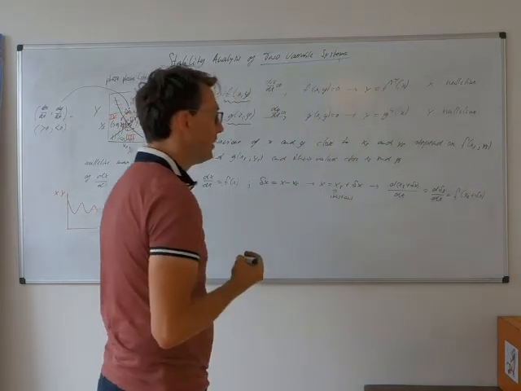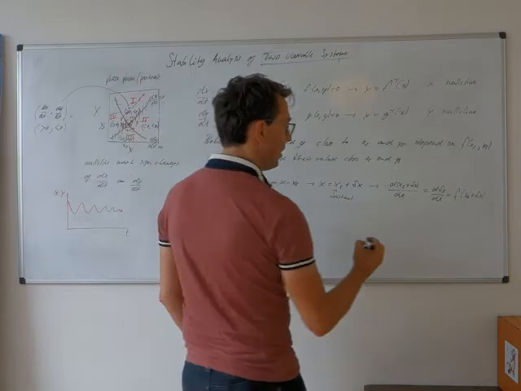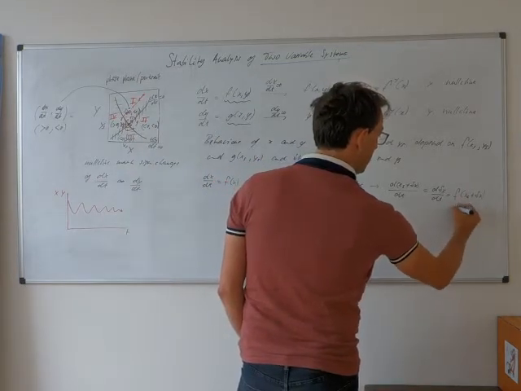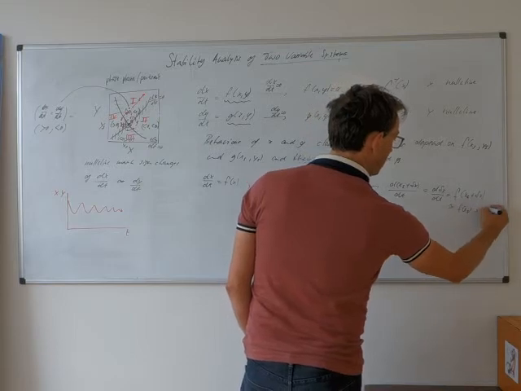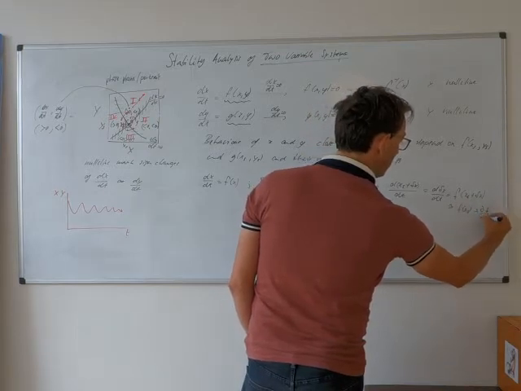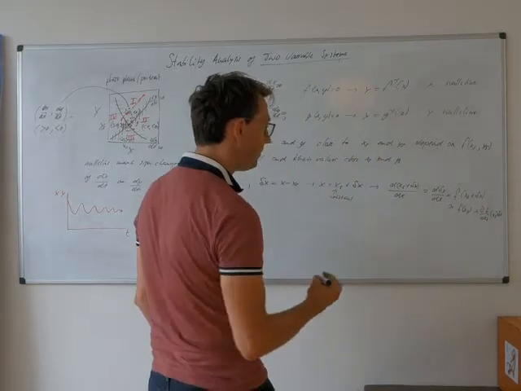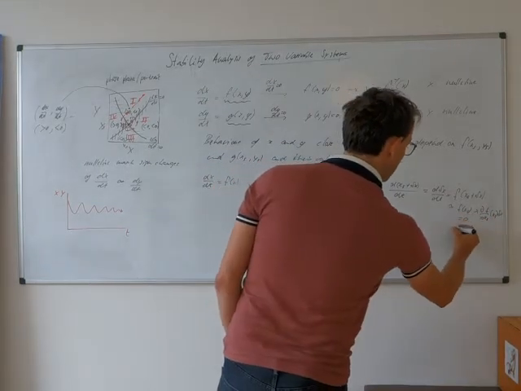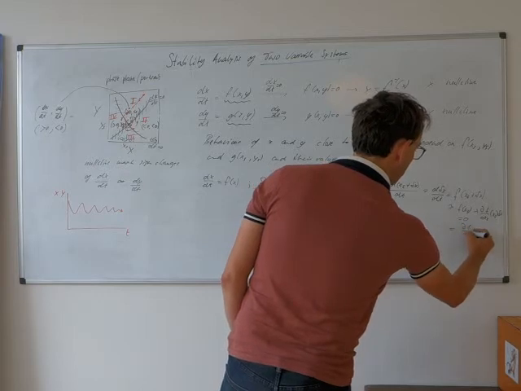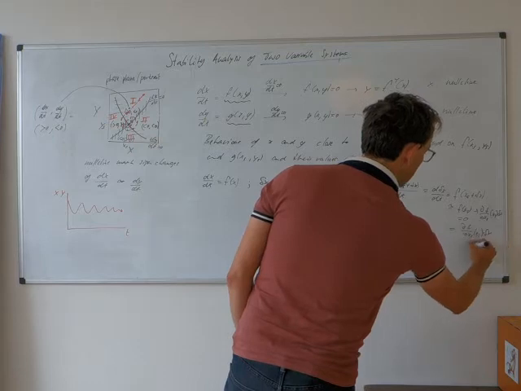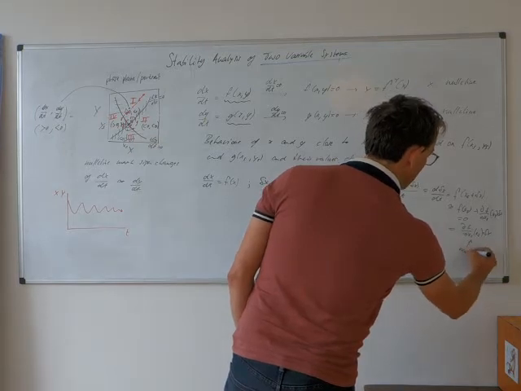Now we're interested in small values of delta x. So then we can approximate this. But this is 0. And this is now just a number, right?